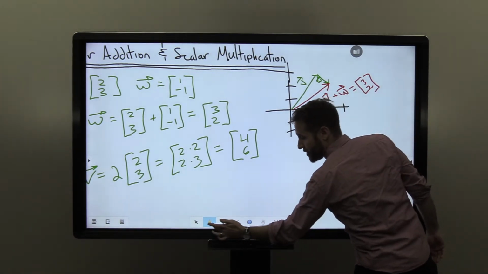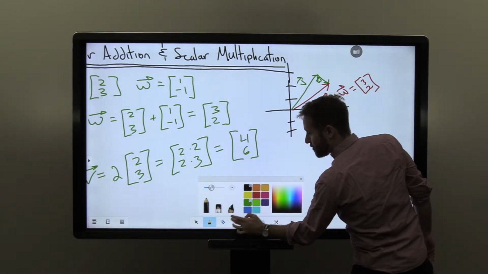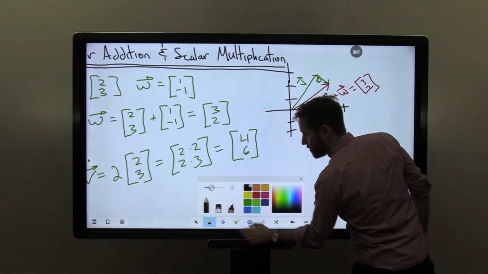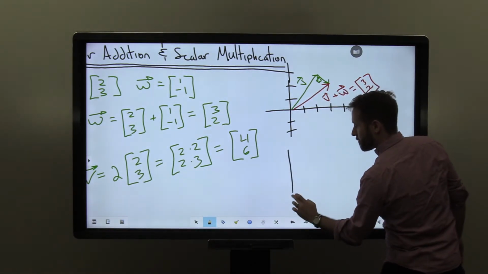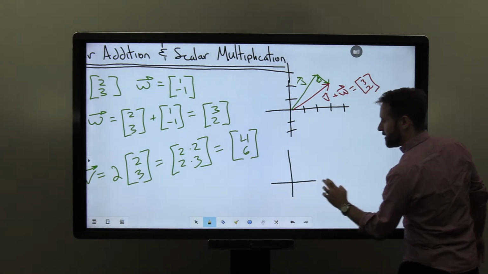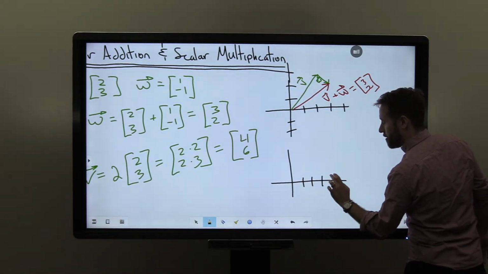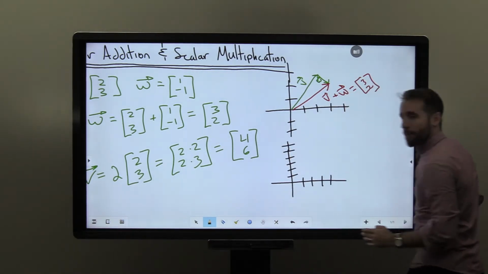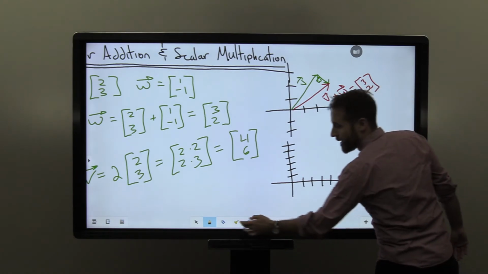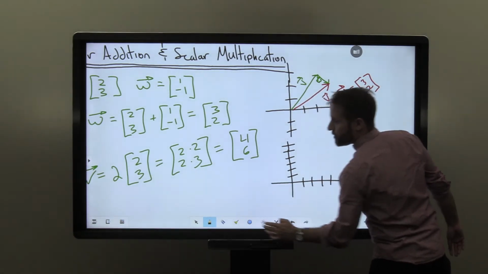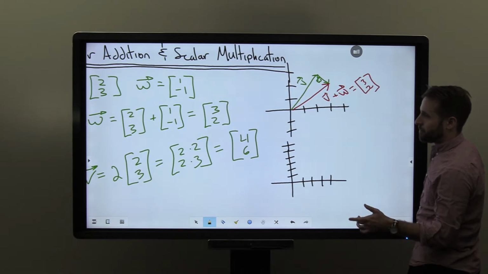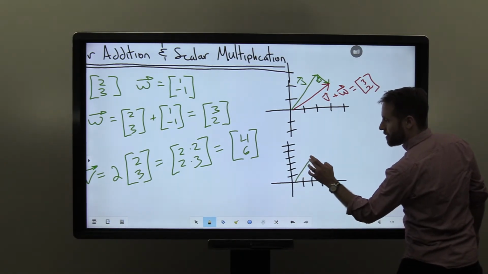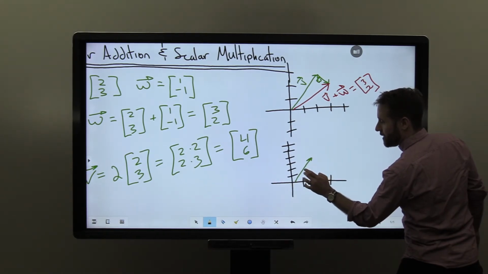Scalar multiplication behaves similarly. So if we want to draw our axes down here, we had our original vector 2, 3, that was our vector v.